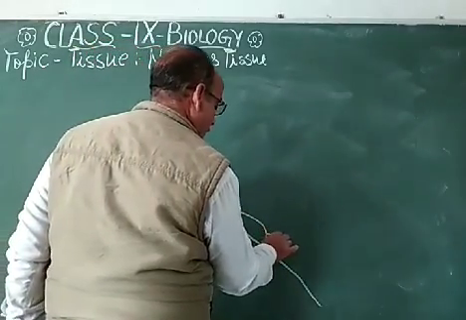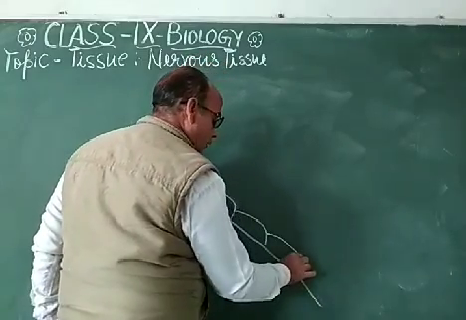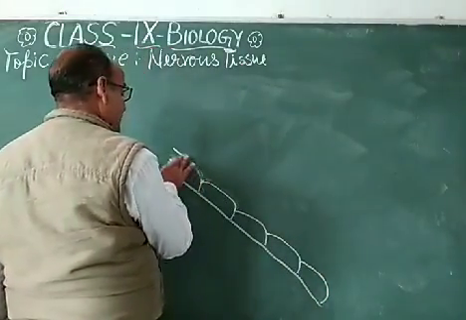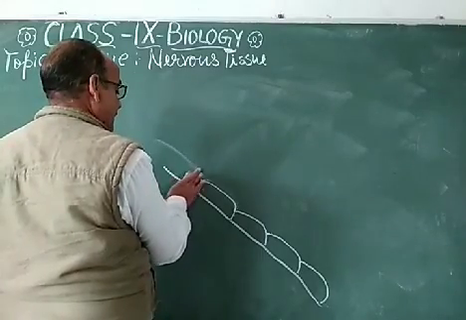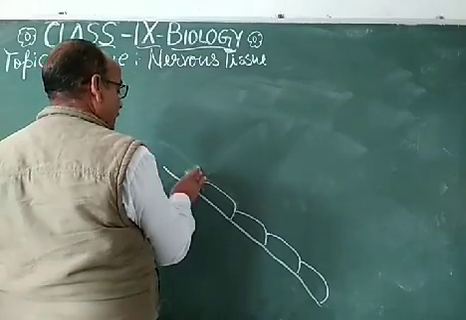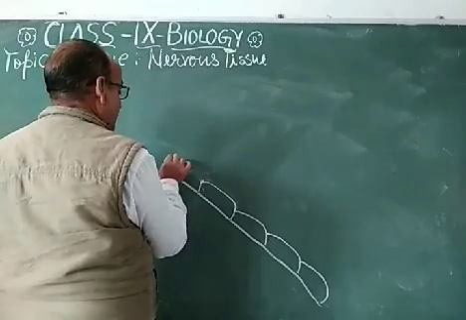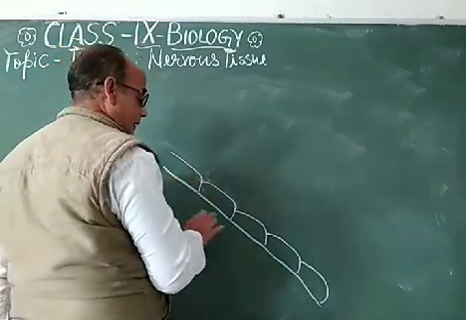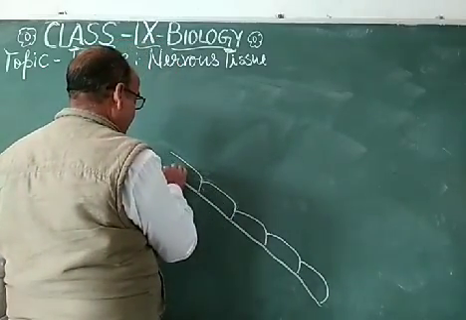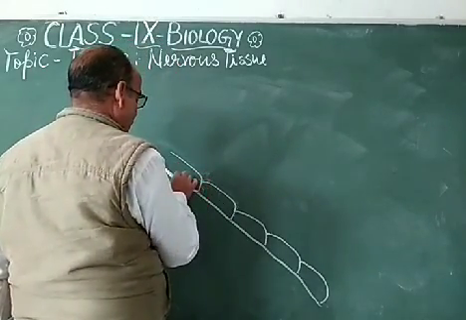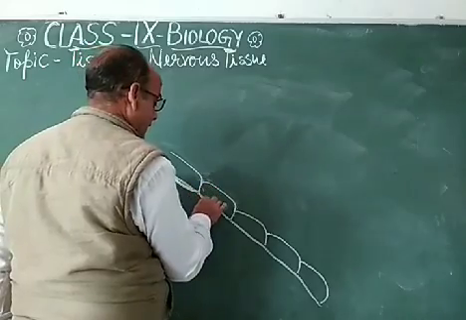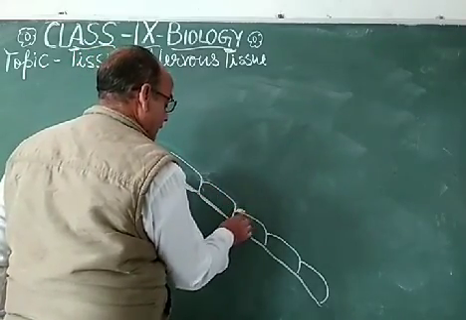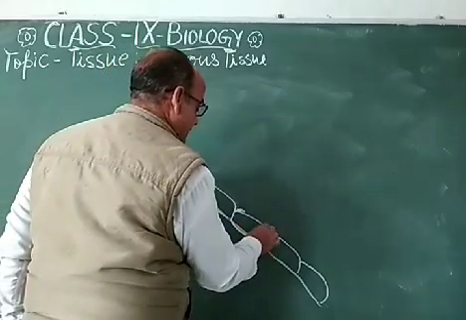Dear students, this axon is the thread-like elongated structure, and it is connecting the cell body part, that is called cyton, at the other end. Here this axon is covered by the myelin sheath.